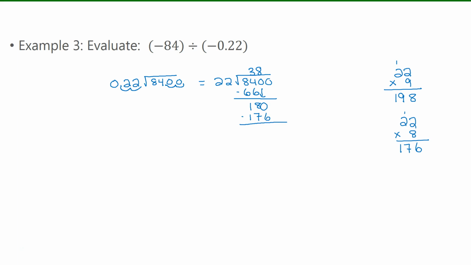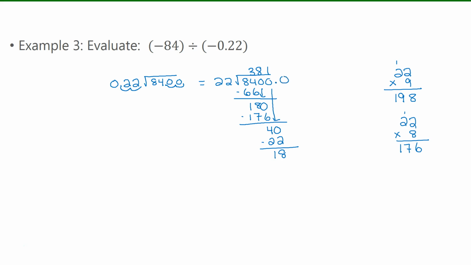180. Take away 176 is 4. Gotta bring down a 0 now. 22 into 40 is just once. And when I subtract 40, take away 22, I'll get 18.